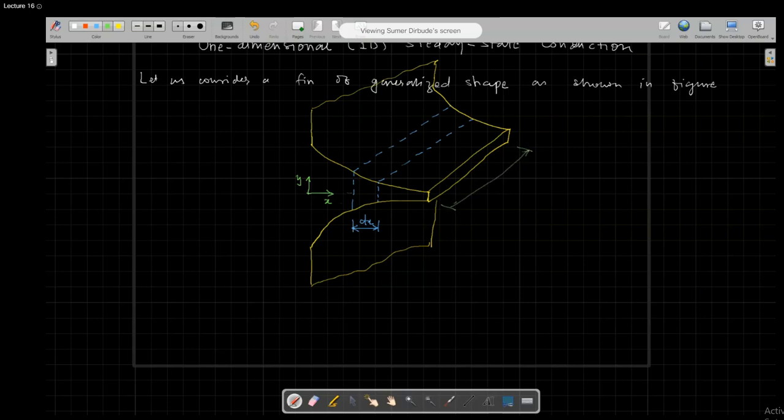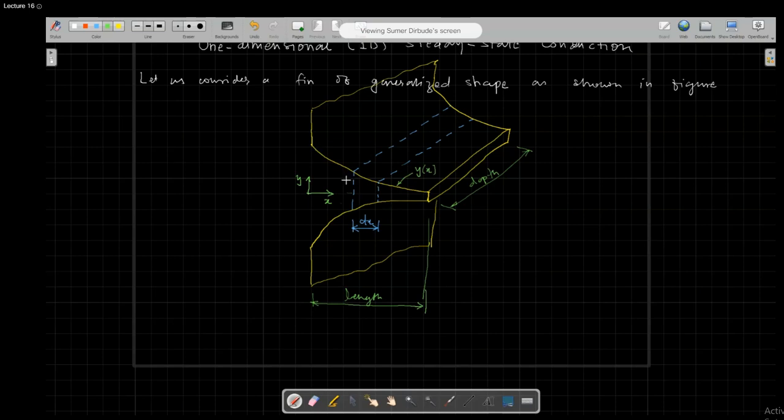This is the depth, and this one is the length. And this is the shape of the fin, which is a given function.